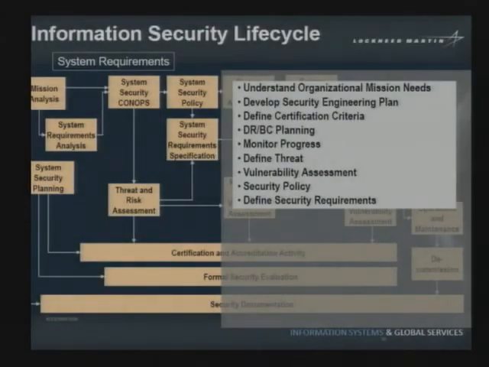So at this point in your life cycle, you're going to start defining what the system functionality is going to be. Again, you go back to the customer, you get from him his objectives, you get from him the environment in which the system is going to work. Is it going to be a shipboard system? Is it going to operate in a system operations center for a utility?